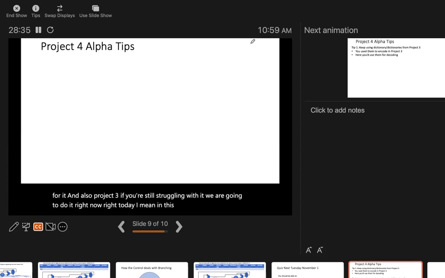For the next 3 minutes, partners sitting on the right should explain what is going to be done in project 4 alpha. So please pair up. The partner sitting on the right explains to the partner sitting on the left what is being covered in project number 4 alpha, and the partner sitting on the left should correct or agree with whatever is being covered.